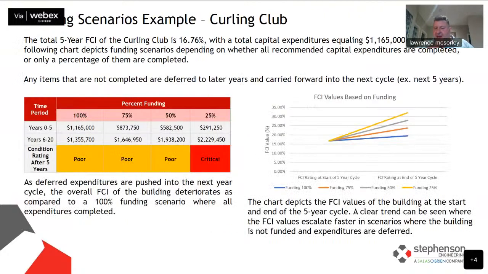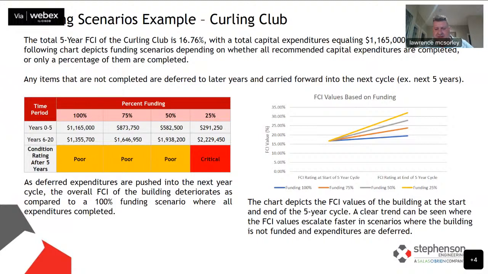So the other impact to consider with this, again the curling club, is the impacts of spending the capital that we recommend versus underfunding things. We always like to say 100% funding is fantastic. Rarely happens. Nobody has that much money to put in all their buildings.